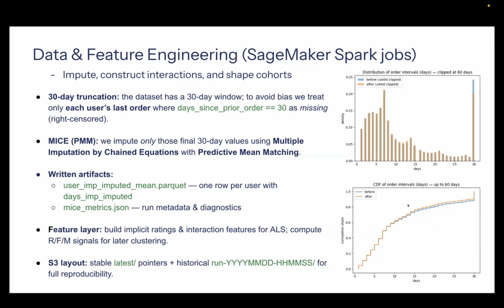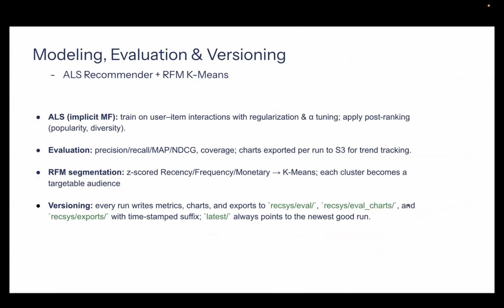Next slide, please. We train an implicit feedback ALS on user-item interactions with hooks for post-ranking like popularity mixing and diversity. We evaluate with precision, recall, MAP, and NDCG, plus user and item coverage.